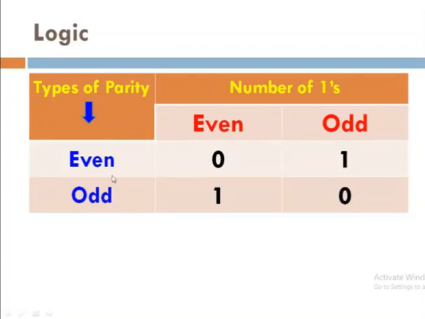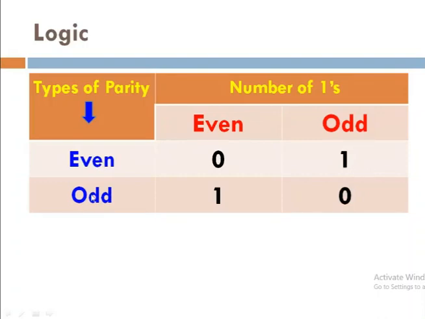If you are generating even parity, trying to implement the even parity generator, and the number of ones is even, it is an even combination, so the output bit is considered as 0. If you are implementing even parity and the number of ones is odd, it is an odd-even combination, so the output bit will be 1.